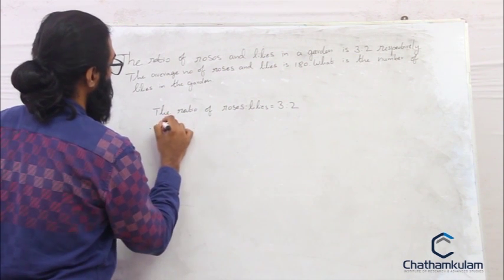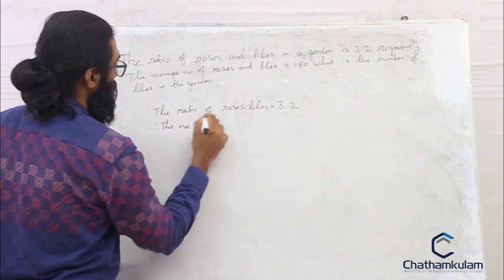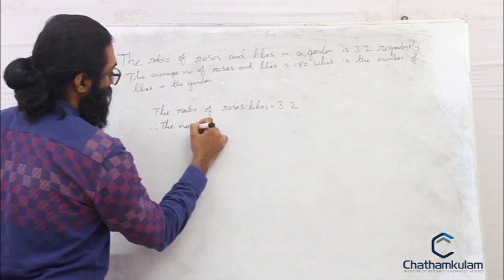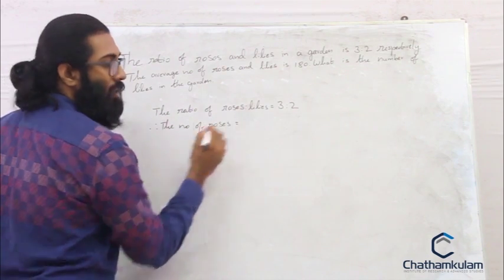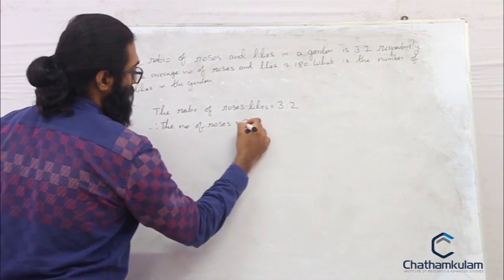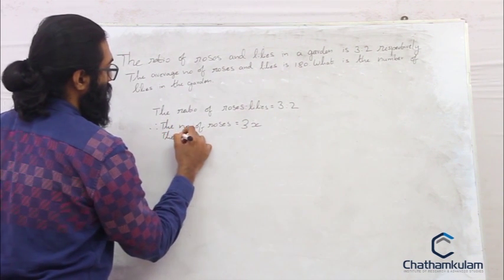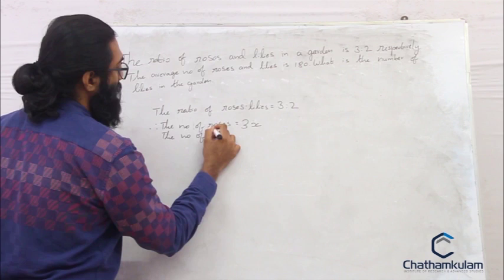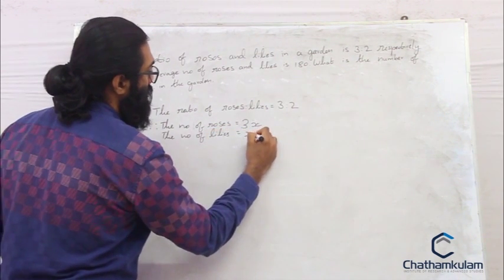Therefore, the number of roses, we can write it as 3x. Also, the number of lilies, we can write it as 2x.